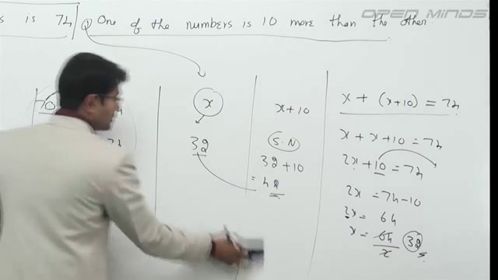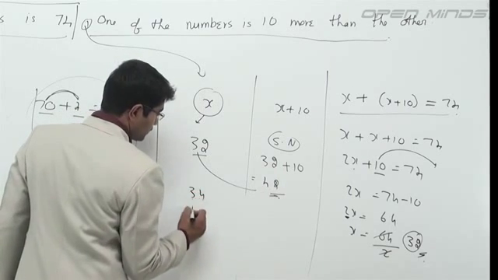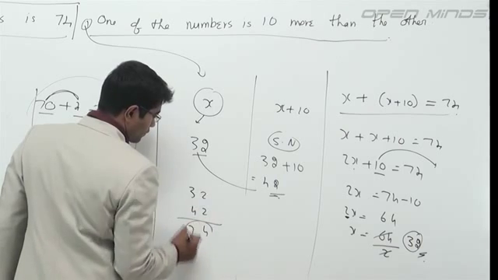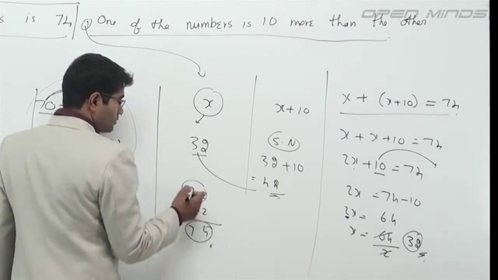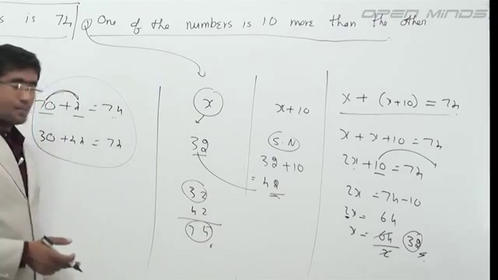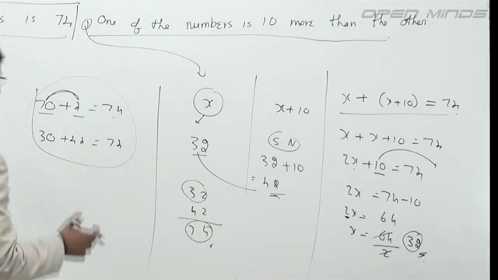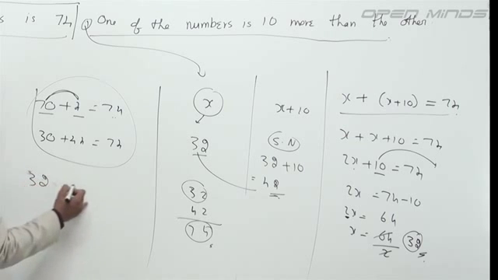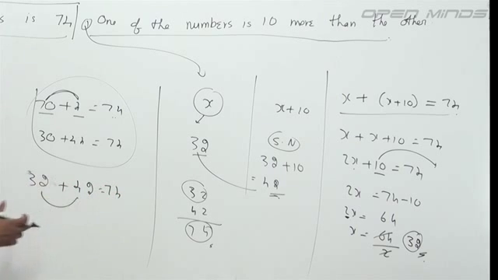Yes, you do. Check it out: 32 plus 42 gives you 74. And what is the difference between them? It's actually 10: 42 minus 32 is 10. So we understand these are my two numbers, 32 and 42. If I add them, I'm getting 74, and the difference between these two numbers is 10.